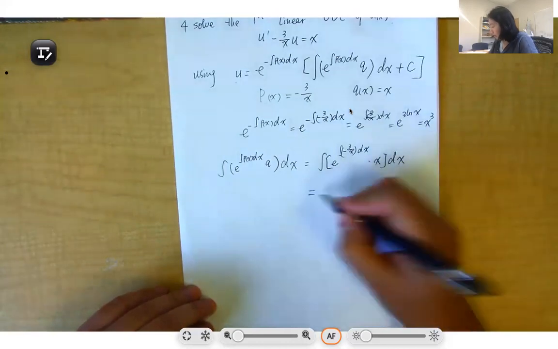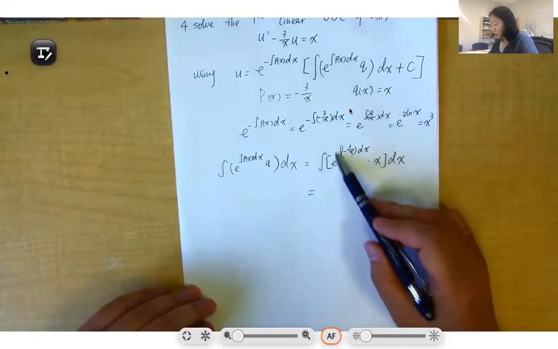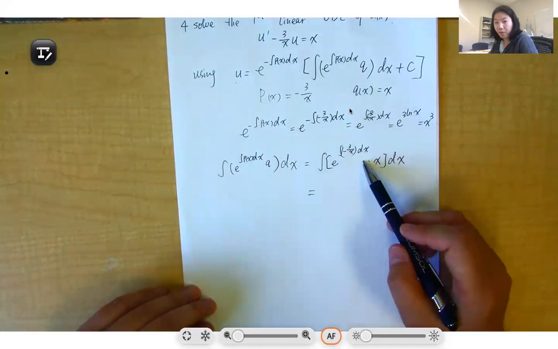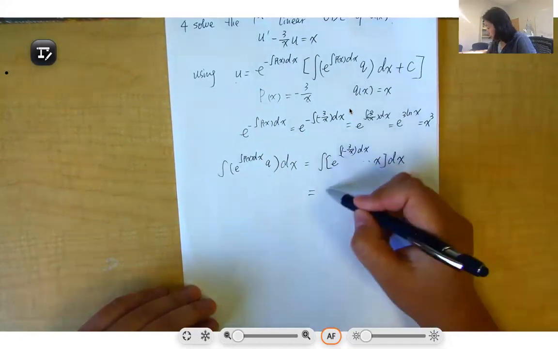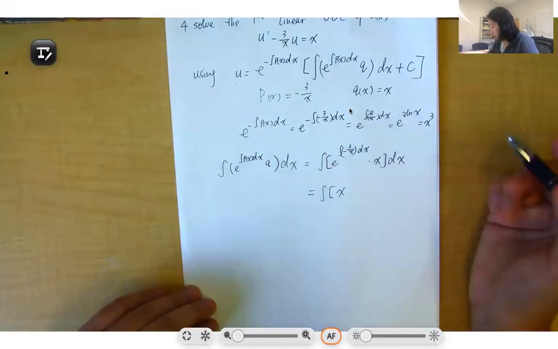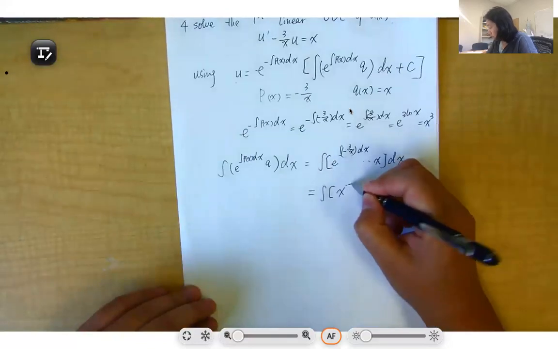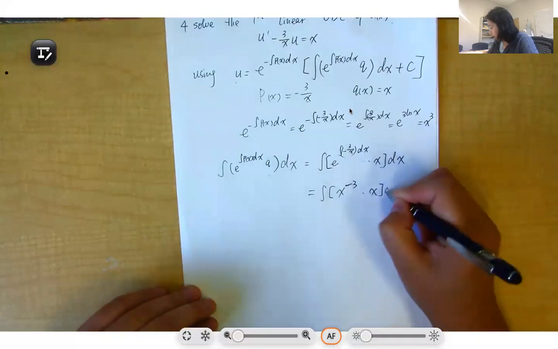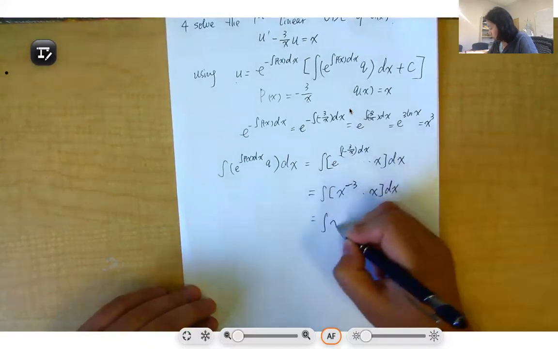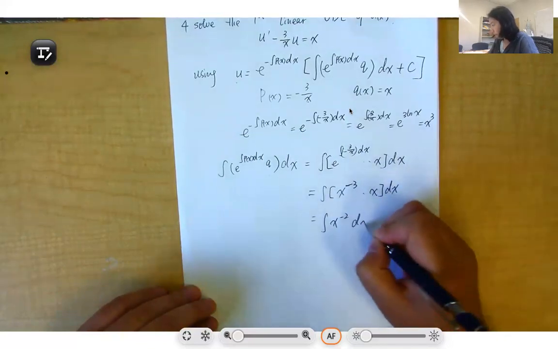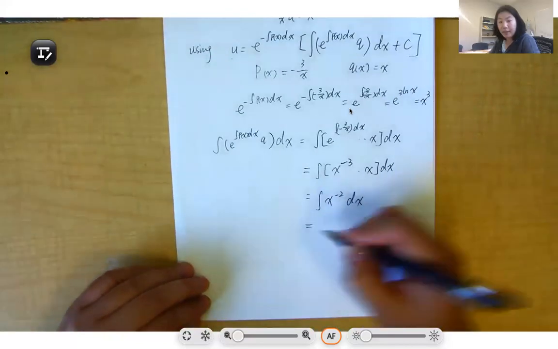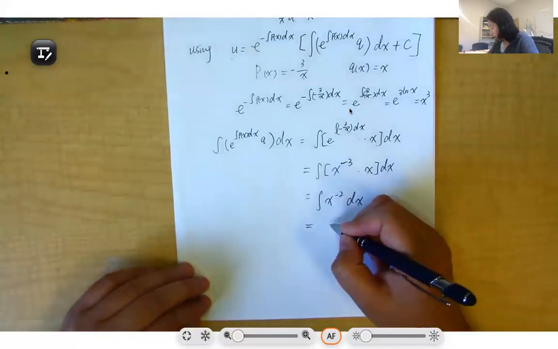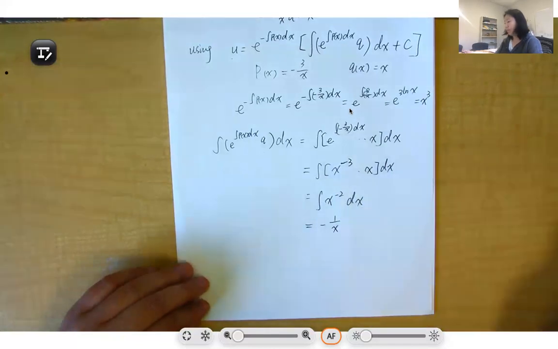And that is the integral of x to the minus 3, right? x to the minus 3 times x dx. That will be x to the minus 2 dx. And what's that? In the end, the integration will be minus 1 over x.